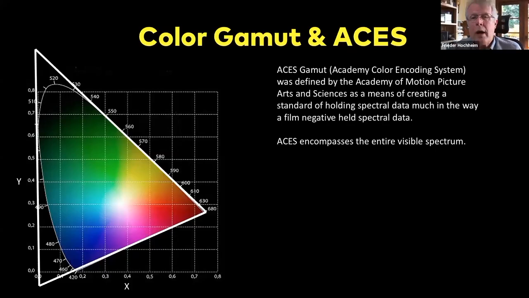And it's a way of holding spectral data now in a digital format, as we used to have film negative. So where film negative was your physical embodiment of all the data, now this is a way of holding spectral data. And by encompassing the entire visual field, the idea is this should be able to take into account anything that comes as we move into the future.